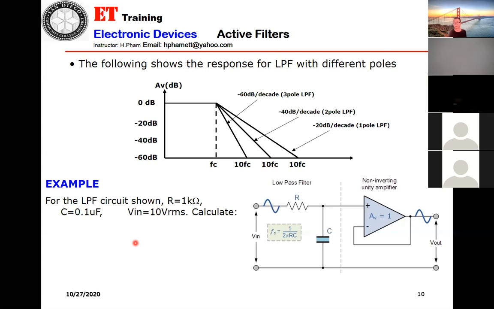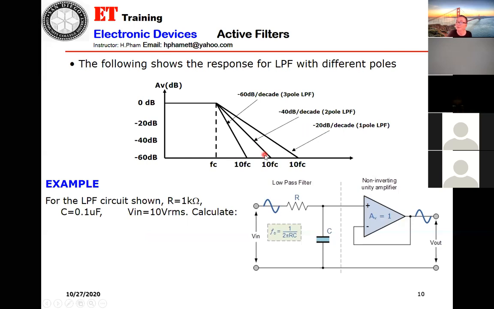Mr. Pham, on the little graph there, it's got 10 FC three times. What are they saying? Should that be 10, 20, 40? No, they give you three, but think of a different pole. On that one here it will be minus 20 dB for one pole.